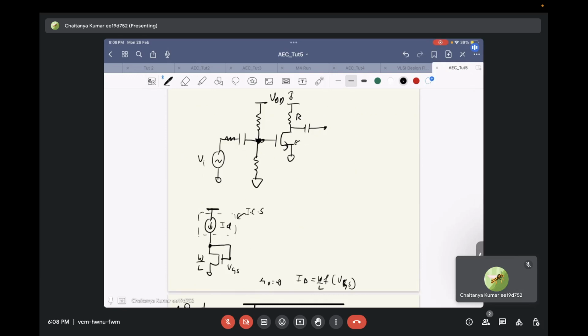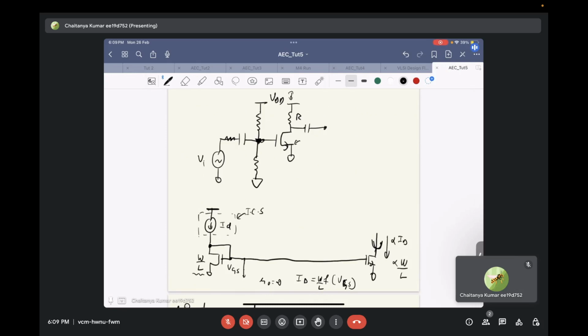So in order to copy it, if we take this VGS and apply it to some other transistor inside your chip, you will see the same current flowing through that transistor as well. If you want to scale the current up or down, say if you have W by L over here, you put alpha W by L over here, then this current will become alpha ID, and this is how you make current mirrors.